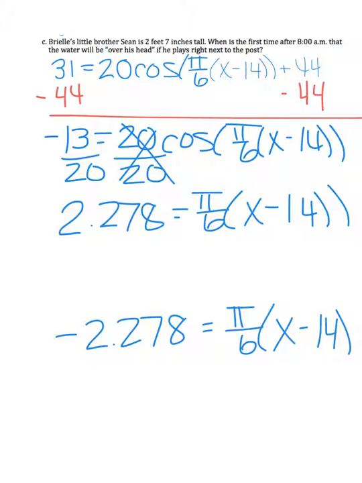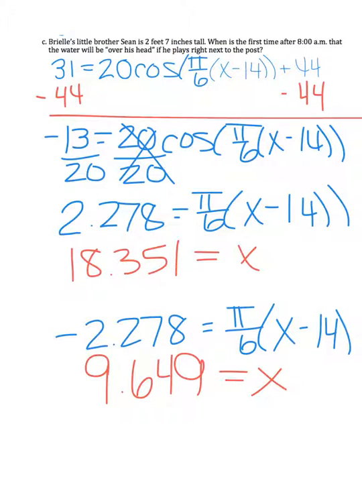So solving the first equation, we should get about 18.351. And then the second equation, about 9.649.